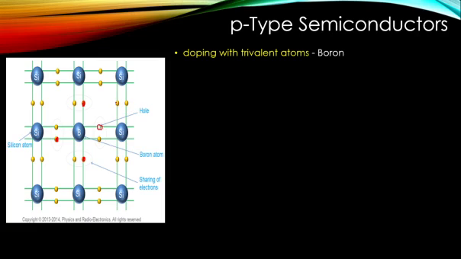And an electron from an adjacent silicon atom can come to fill up this hole. So what will happen? In turn, it will produce a hole there. Since this hole can accept electrons, this dopant atom is called an acceptor atom.